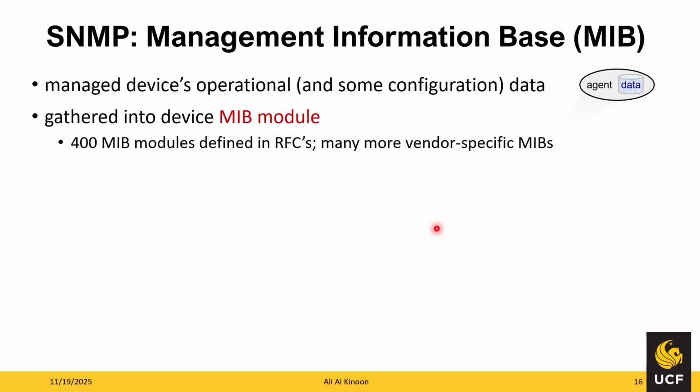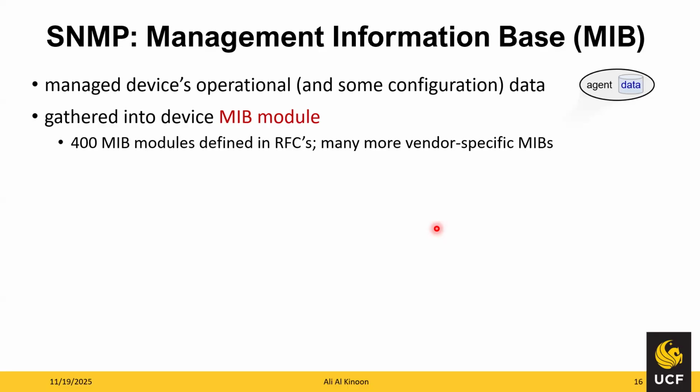We'll talk a little bit about the MIB that works with SNMP, the Management Information Base. This is like the database of a managed device. It stores device data and in some cases portions of its configuration. This includes things like counters, interface status, protocol statistics, and state information the server depends on.